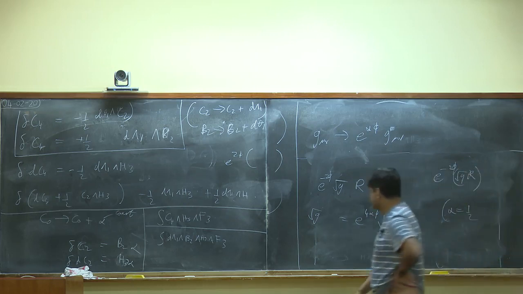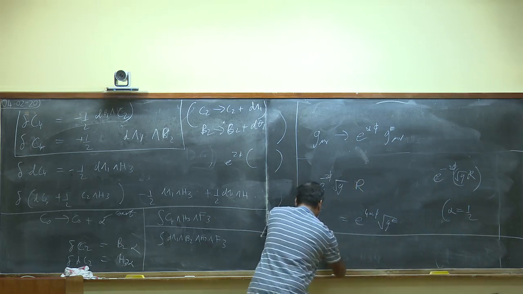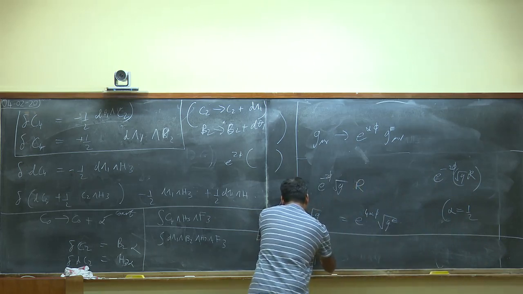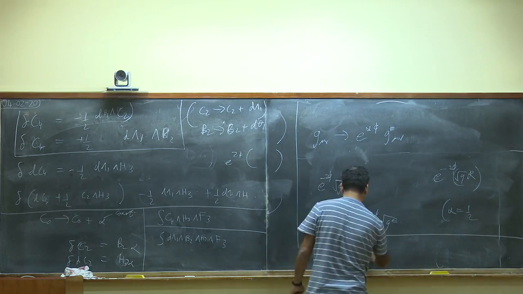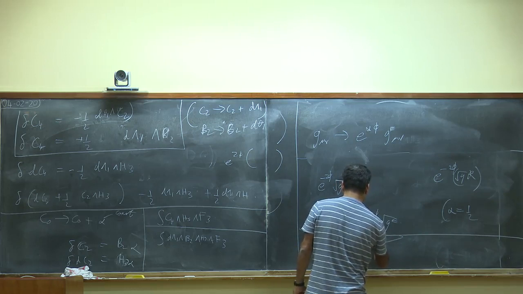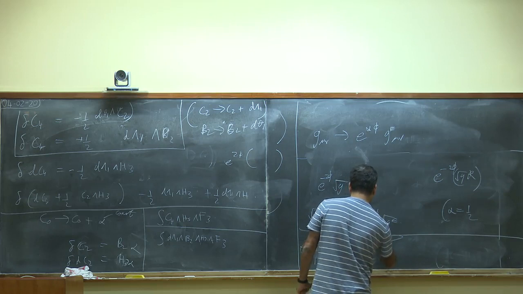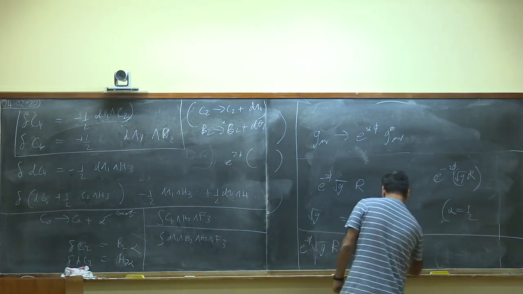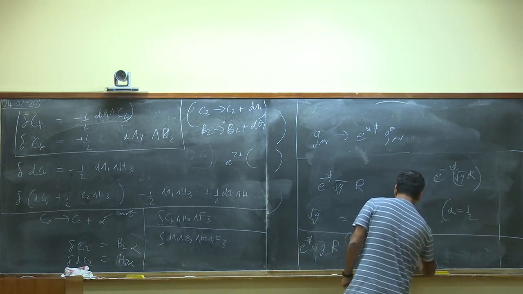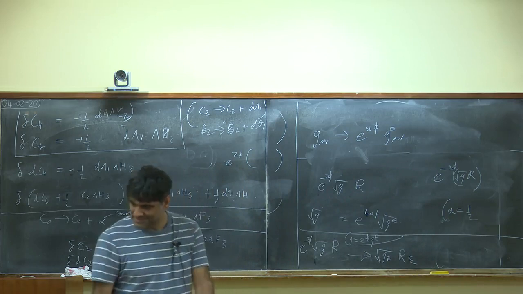So what have we concluded? We've concluded that square root G e to the power minus 2 phi R under G goes to e to the power half phi by 2 G, Einstein, goes to square root G R Einstein, at least when phi is constant.